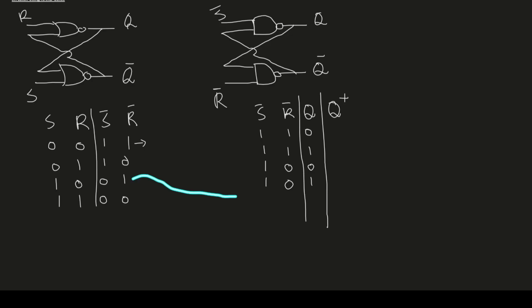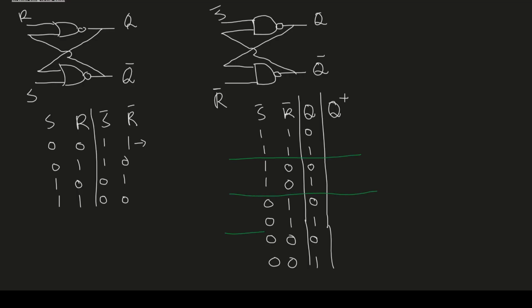Third, we have 0 1 for S bar, R bar, again written twice for current state 0 and current state 1. And lastly, we have 0 0, also written twice. That's why we said we have four cases: case 1, case 2, case 3, and lastly case 4.